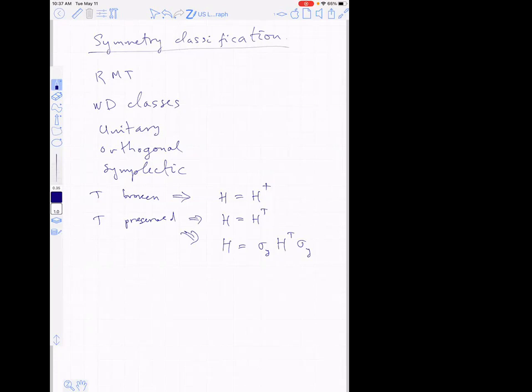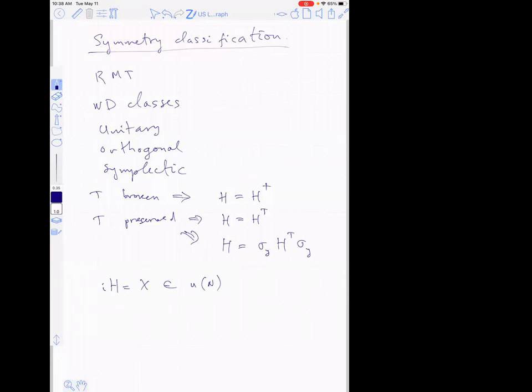So these are 3 Wigner-Dyson classes, and the fact that they're related to nonlinear manifolds or sigma models can actually be easily seen by the following argument. If you think about i times H being an element of the Lie algebra of U(N), then this is a tangent space to some group.